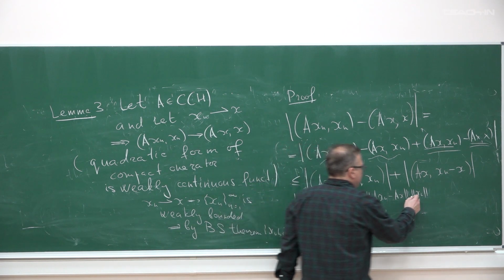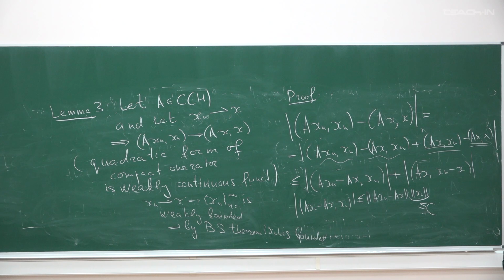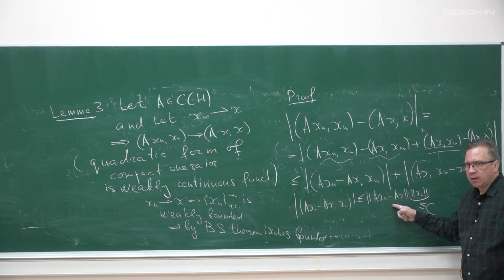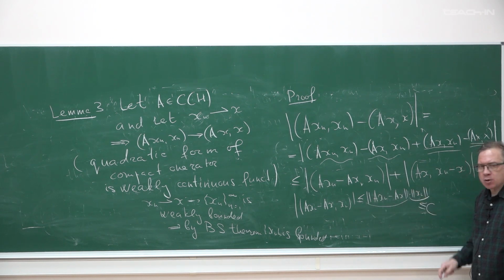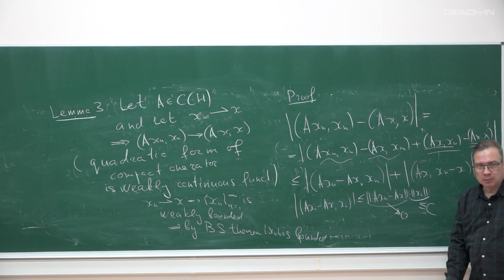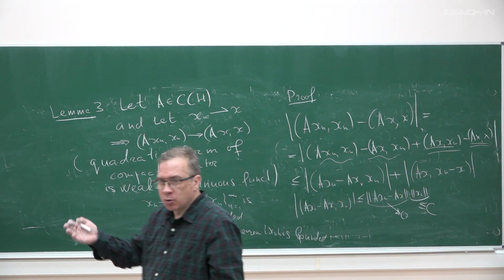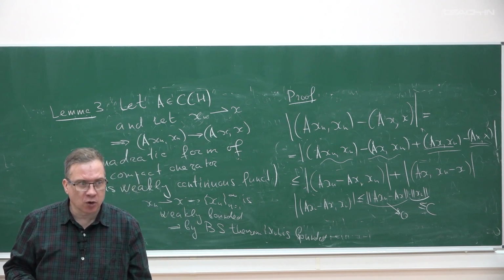So this is less than some number c, common for any n. What can you say about this factor, this norm? What do compact operators do with weakly converging sequences? They make them converge in norm. Yes? So by the property of compact operators, it tends to zero. Because compact operators change weakly converging sequences to sequences which converge in norm.